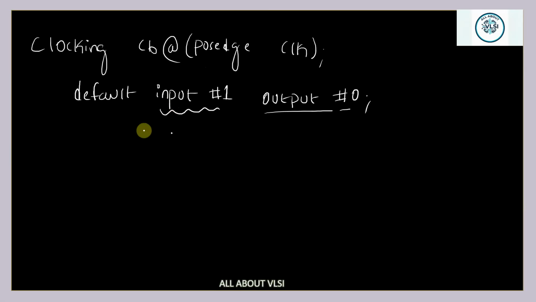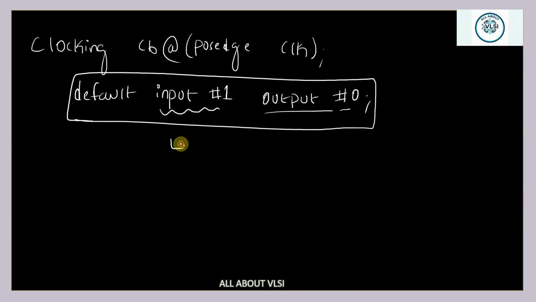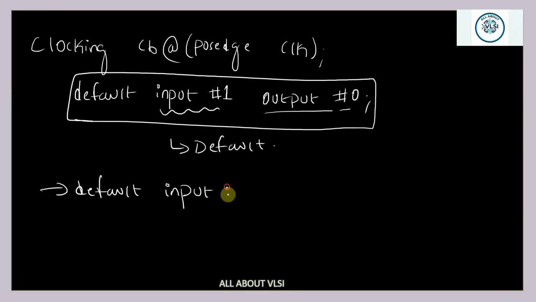If you mention this or if you don't mention this, these are the default values your clocking block is going to have. Let's say you have another requirement, default input #1 output #1.5. Then what is going to happen?